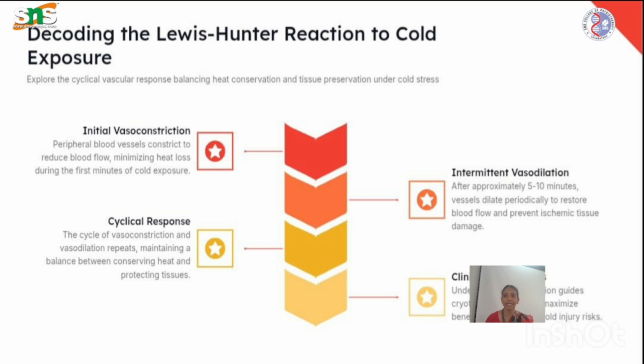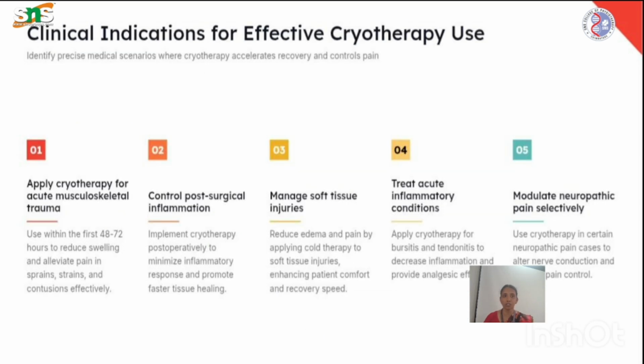Intermittent vasodilatation, approximately 5 to 10 minutes after cryotherapy, will periodically dilate the blood vessels to restore blood flow and prevent ischemic tissue damage. Clinically, we have to understand the Lewis-Hunting reaction, as it guides the therapy duration to maximize the benefits while avoiding the risk of cold injury.